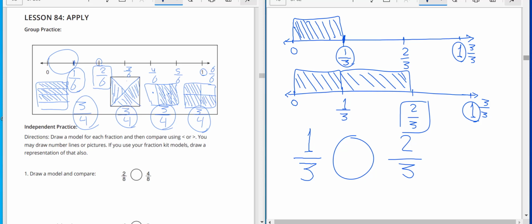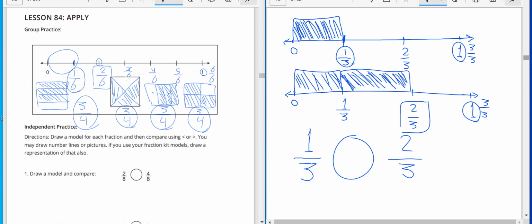What is the greatest fraction, 1/3 or 2/3? Look at the number line. This part equals 1/3, and these 2 parts equal 2/3.